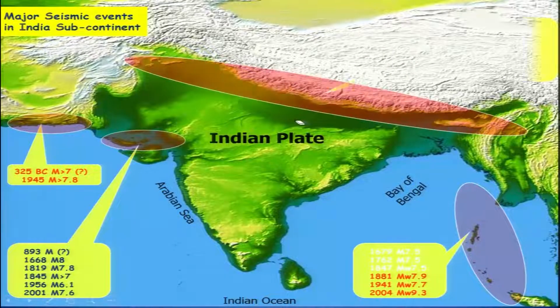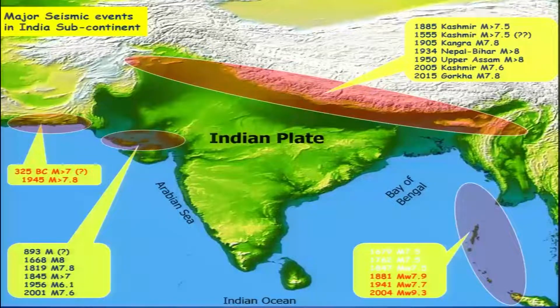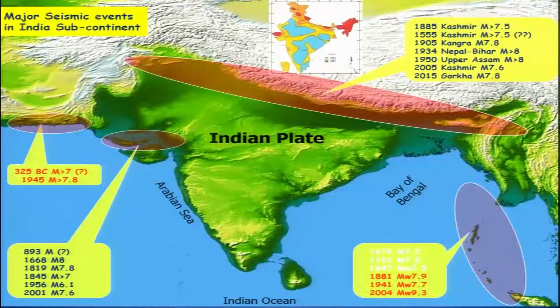So, with this list, we'll see in what way this can be helpful in interpretation. Based on these earthquakes, the Himalayan zone has been categorized in seismic zone 5, which is the most vulnerable region in terms of experiencing large magnitude earthquakes.